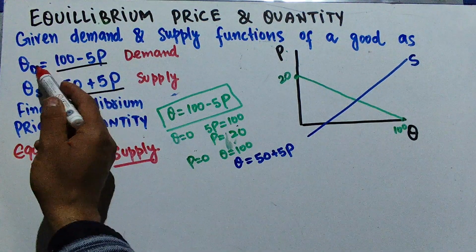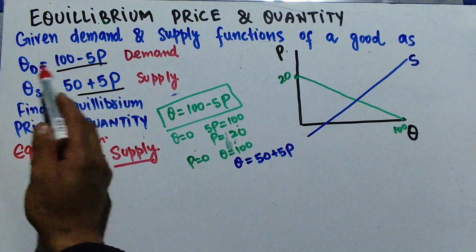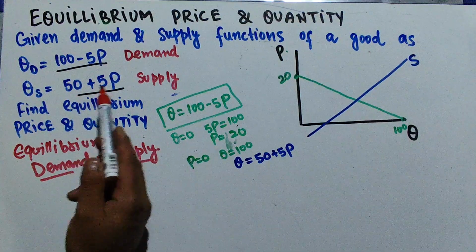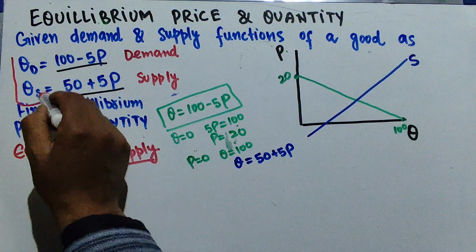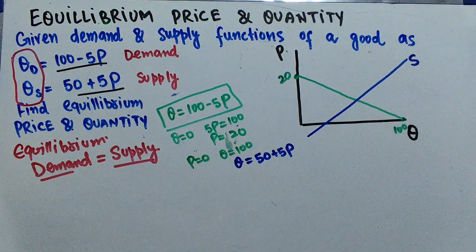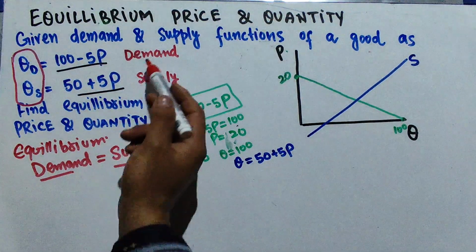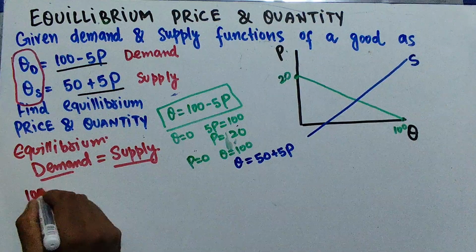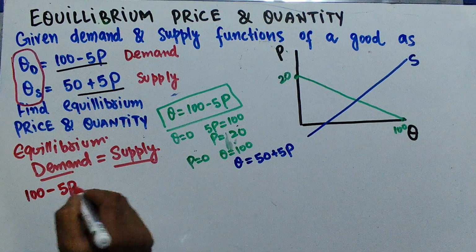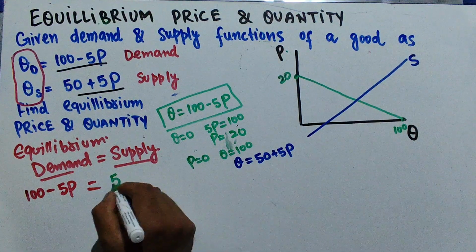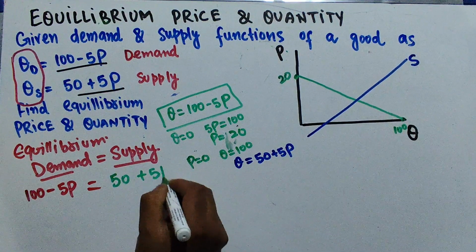The demand function is Q equal to 100 minus 5P, and the supply function is Q equal to 50 plus 5P. Since the LHS of both demand and supply functions is the same, we can equate the RHS. That means demand 100 minus 5P will be equal to the supply, which is 50 plus 5P.